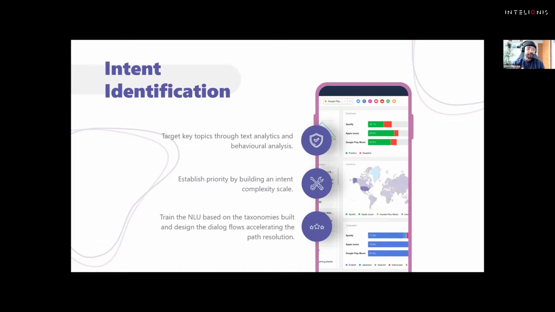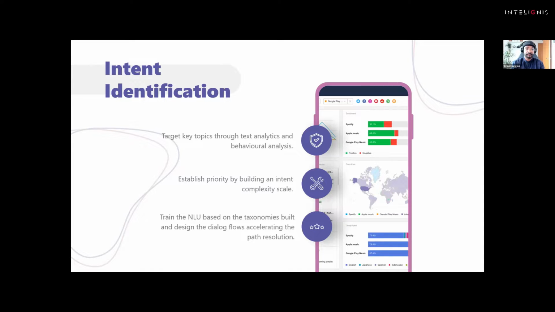The next step is to train the NLU to accurately extract the context and the intent that we're focusing on. Each solution or provider you use will have different levels of required data ingestion to reach the necessary levels of significance for an accurate match rate. And once this is done, we can then design the dialogue flows to essentially accelerate the path to resolution.